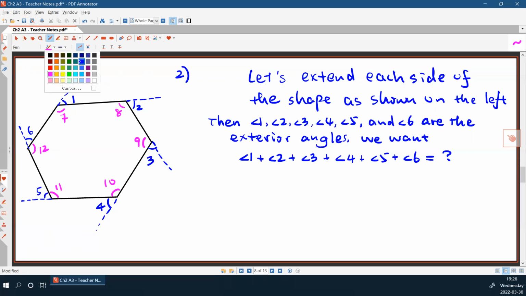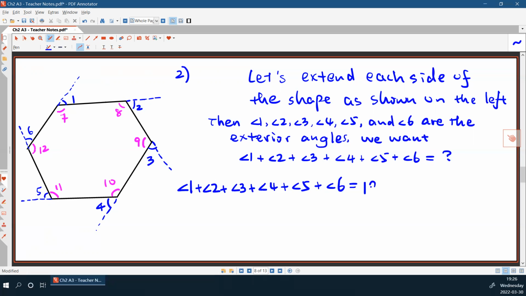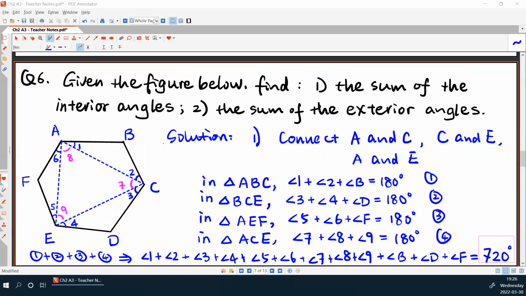Therefore, we know that the sum of angle 1, angle 2, angle 3, angle 4, angle 5, and angle 6 is just 180 degrees times 6, minus angle 7 plus angle 8 plus angle 9 plus angle 10 plus angle 11 plus angle 12, right? And in our previous question, we have already proved that the sum of the interior angles is 720 degrees, right?